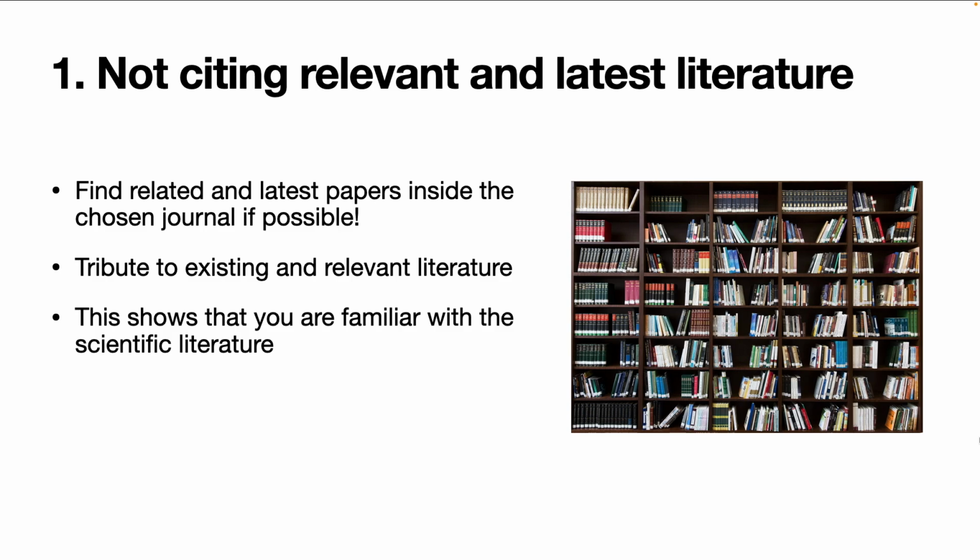Also, if possible, try to find papers inside the chosen journal that are related to your work. This makes it easier for editors to find suitable reviewers. By citing existing and relevant literature, you also show tribute to other authors.